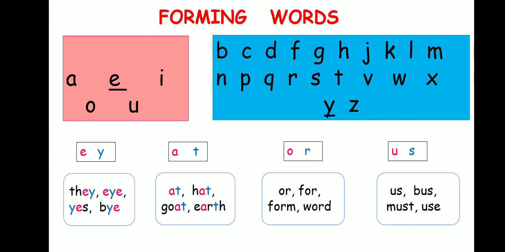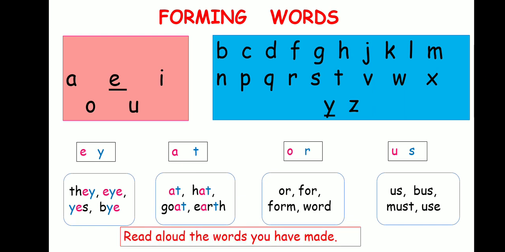So children, you can see in all these four exercises that we have done just now, we have used a vowel and a consonant, and using them we have formed words. When you have completed writing all the words, children, you will read aloud the words that you have made.